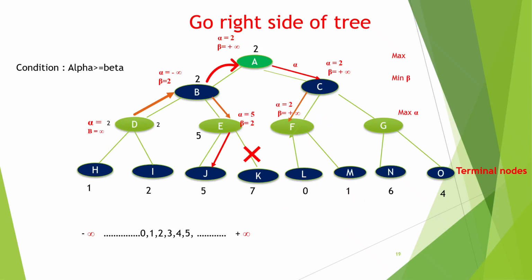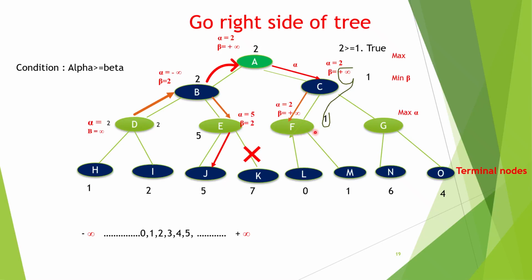Again backtracking, to node C. Now it's the minimizer's move. What is the value of beta? Plus infinity. What is the node value of F? 1.